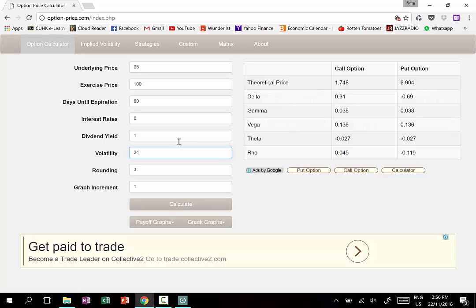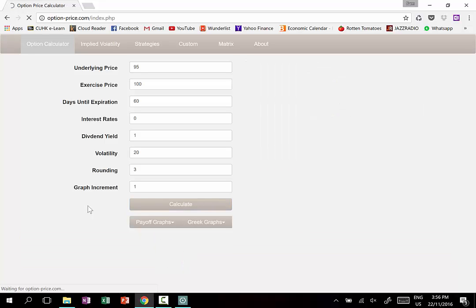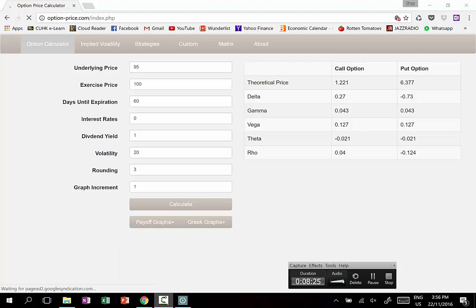Well, if the market then trades at a vol of, let's say, 20, then instantaneously your delta will actually go the other way, and it will drop from 0.31 to whatever value, 0.27. So that's the reason for that. Thank you very much.